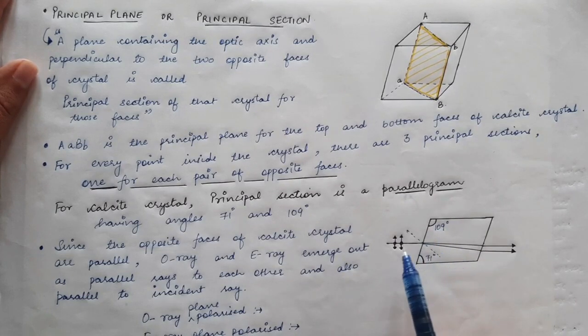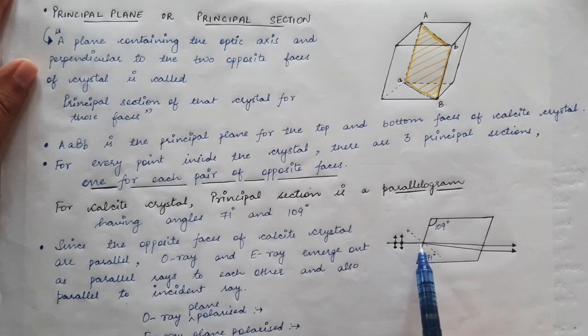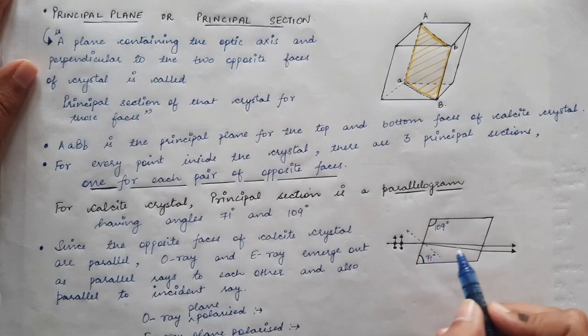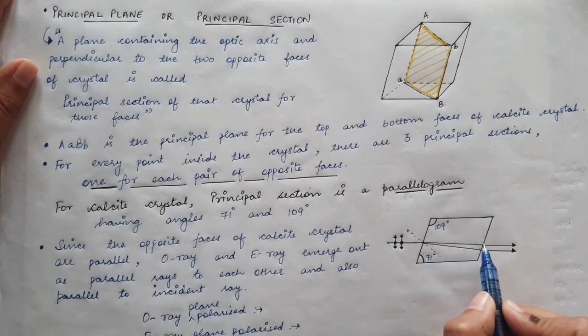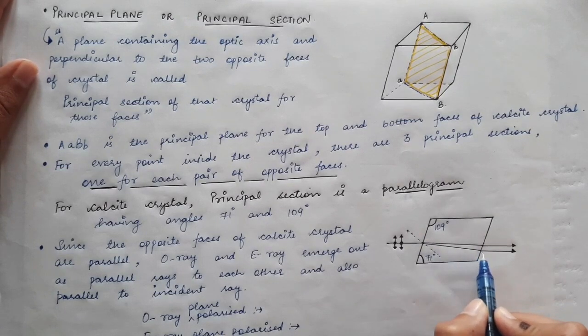And when we make unpolarized light fall on this crystal, you will see that there will be double refraction. So the incident light will split into two refracted beams.